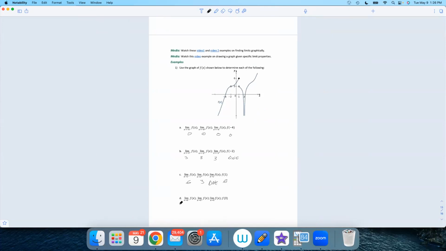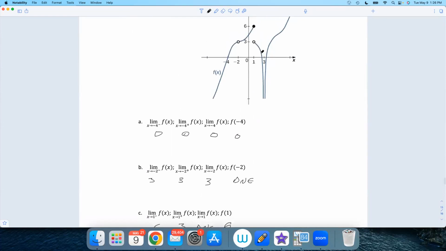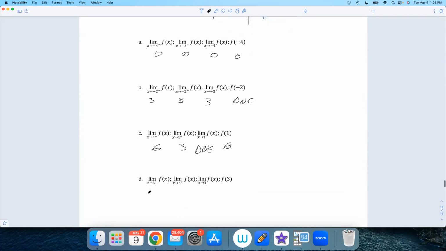So as we approach -3 from the left-hand side, so I'm riding along my graph here, this graph is going down toward -infinity. Same thing from the right. So we're going to write both of these as equals -infinity. Since those are the same, we'll say here this guy equals -infinity.